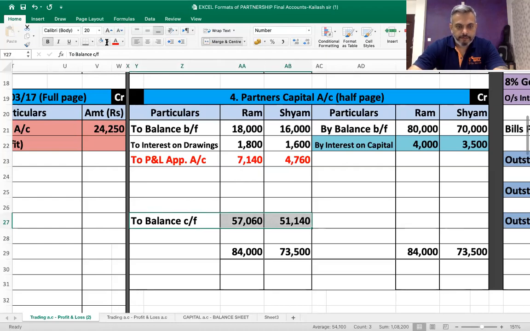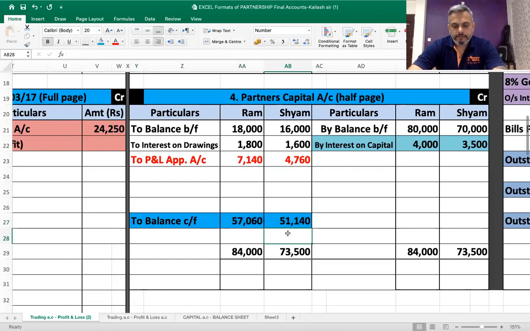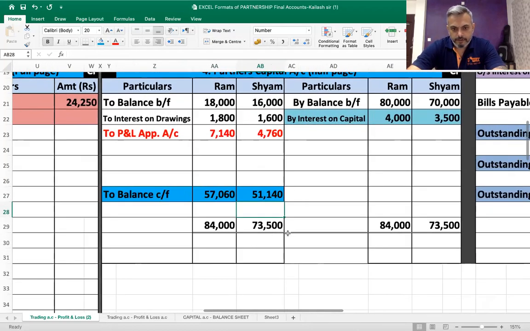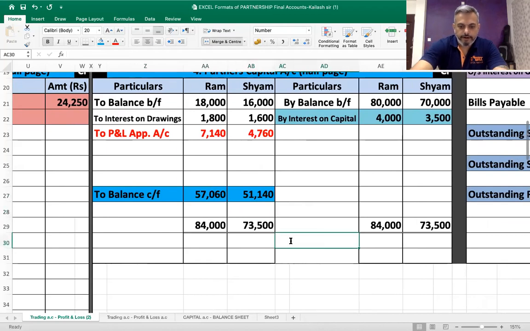This balance we will transfer to balance sheet. Okay. ये बैलेंस bought forward है, इसको by balance carried forward है, इसको by balance bought forward कर.